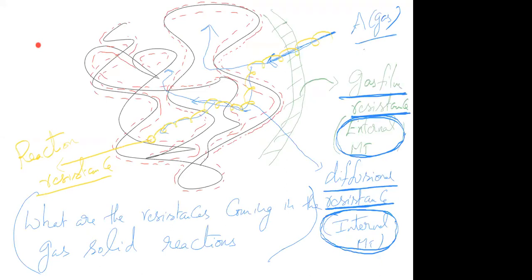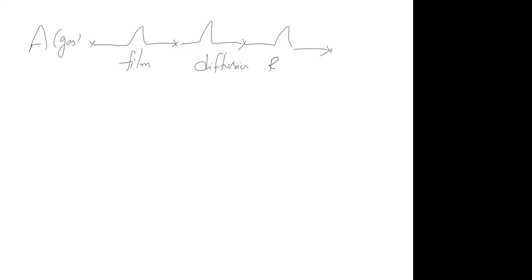So if I write all the resistances, let's say A of the gas has to go through the film, then it has to go through diffusion, then it has to go to reaction.